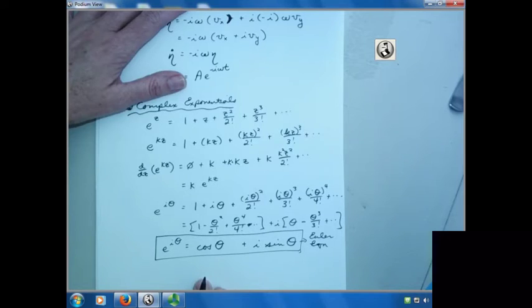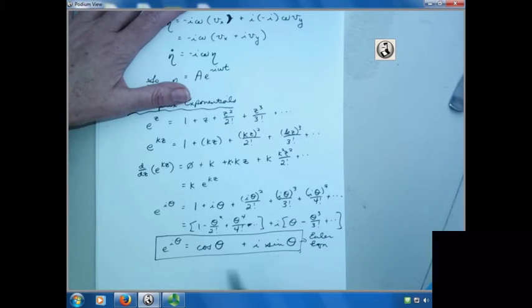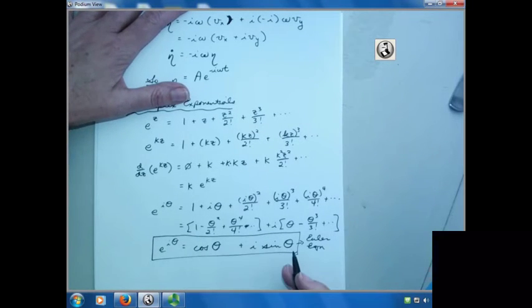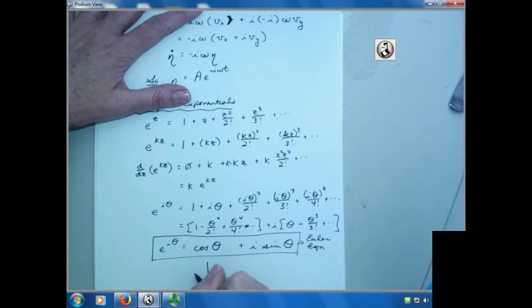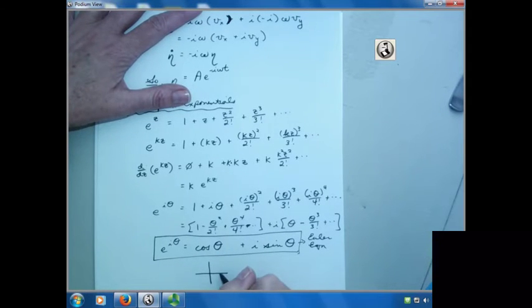We should note also that if theta were to vary in time like omega t, we'd be looking at a circle of possible values, where this is the real axis and this is the imaginary axis.